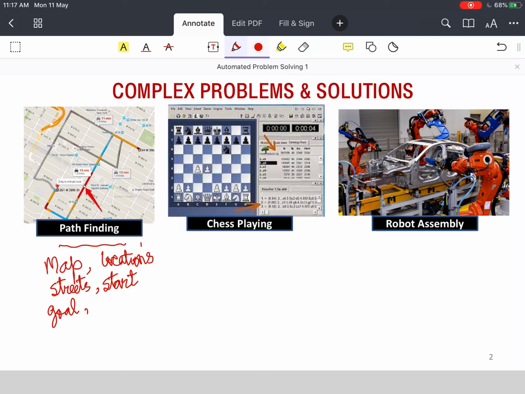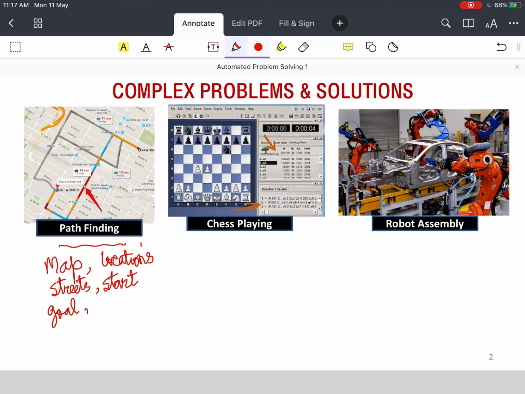So this is a problem which people try to solve by running some shortest path algorithms over large graphs. And when we look at city maps, country maps, road maps, you can imagine the number of locations, the number of streets, and this complexity and the size of this problem.